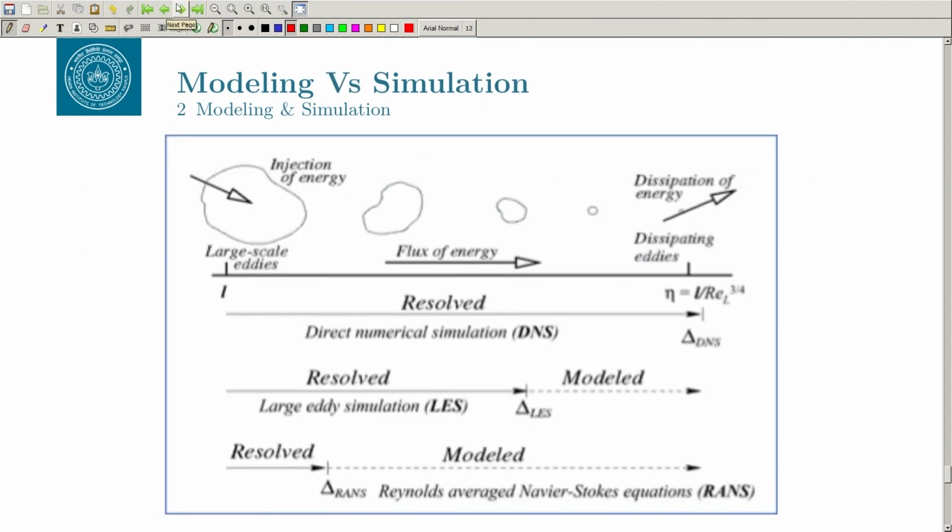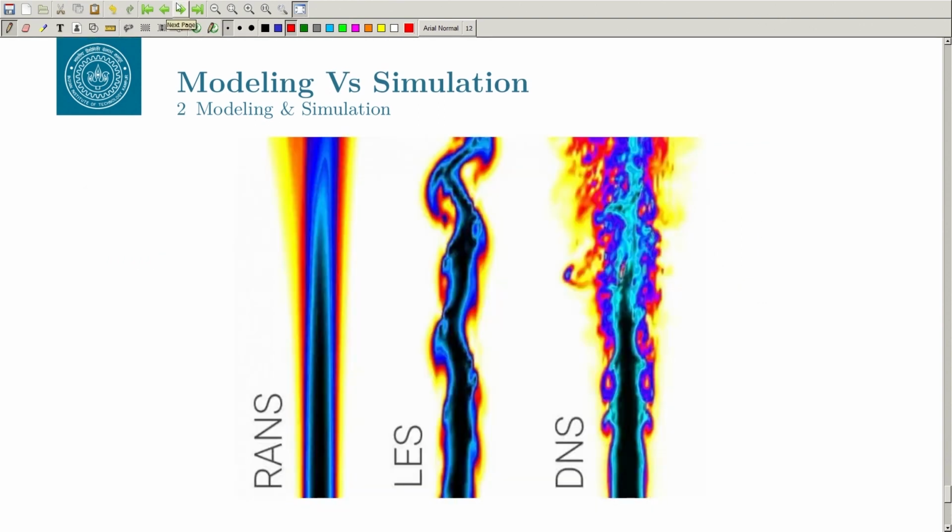We will skip that. Here you can see RANS, which is the mean flow. This is how the DNS looks. This is a picture of a flame, a realistic simulation. And this is the LES, where you capture the mean flow plus some fluctuations, but not the very small fluctuations that we see in the DNS.